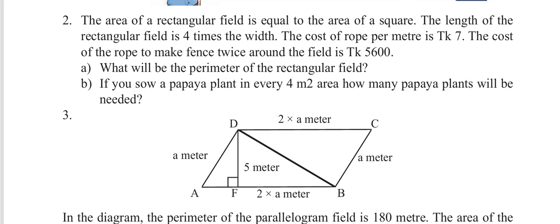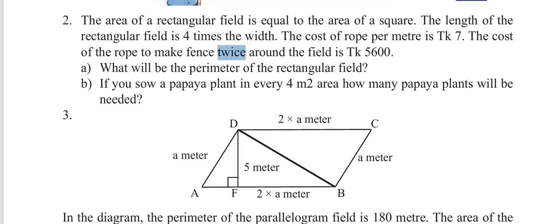Actually, I want to say that if the sentence in the stem were like that, the cost to fence once around the field, then it will be the cost to fence the land equal to the perimeter.